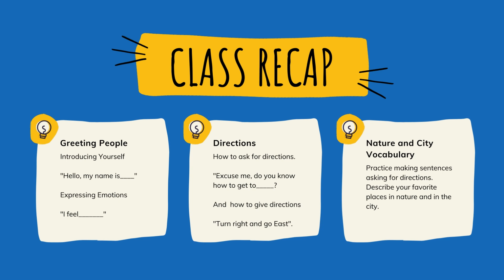Excuse me, do you know how to get to? And how to give directions. Turn right and go east. Nature and city vocabulary. Practice making sentences and asking for directions. Describe your favorite places in nature and in the city.